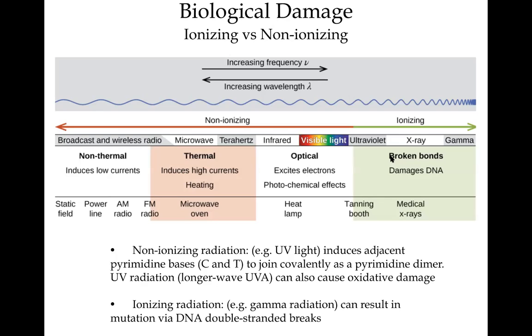Now, interestingly, if you look at the non-ionizing radiation, you can see what this breaks down into. So once we get past the visible light, we get past infrared, we get into things like I said, like microwave radiation, AM, FM radio radiation, and stuff in power lines. Okay.